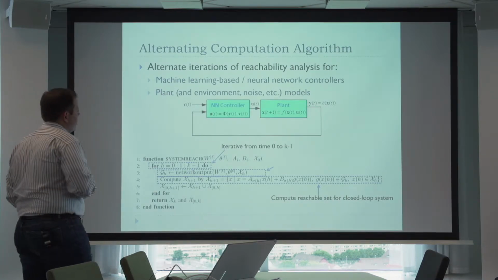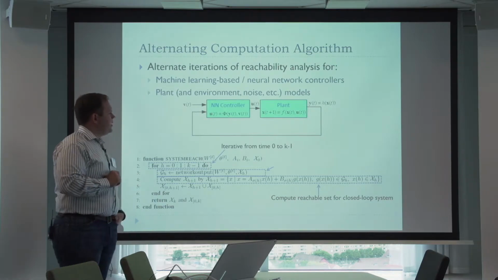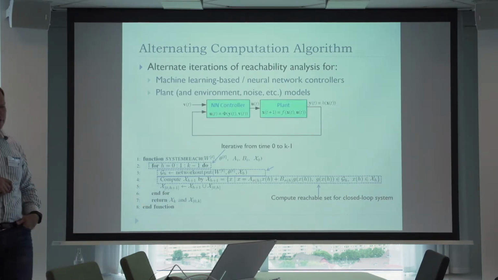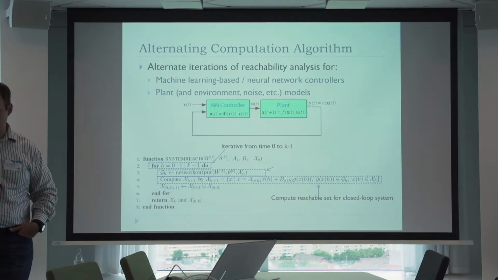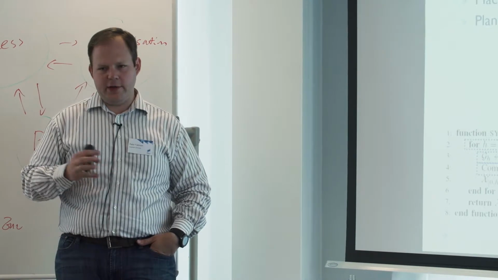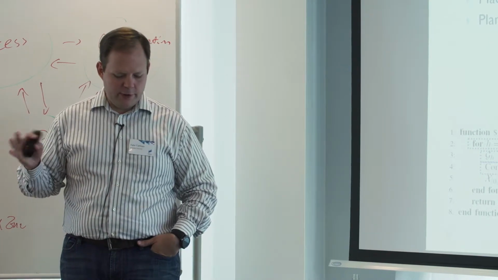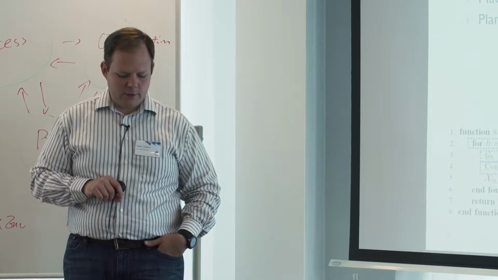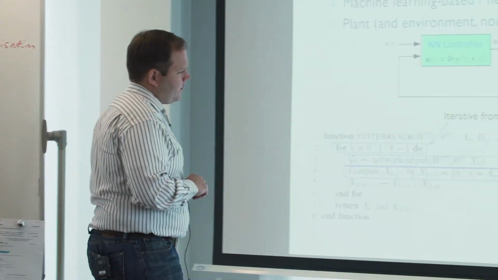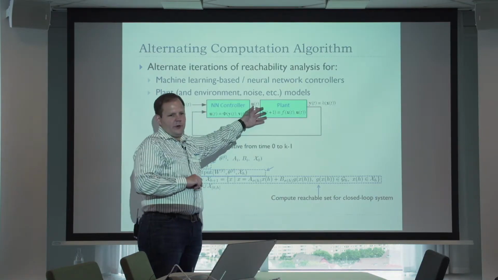So what you can do then, sort of the natural intuitive thing to do, is to alternate iterations of computing the set of reachable states of the plant and of the controller. So we know what the controller is going to do, provided a set of inputs. That's what I just talked about with the output reachable set computation or range estimation problem. And then we also know how to do reachability analysis for plants of this form, or if this is ODEs or whatever.